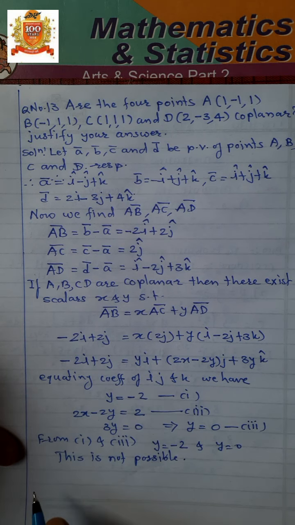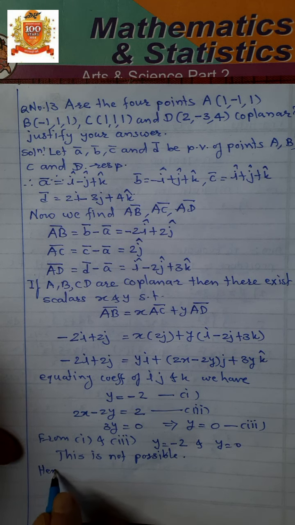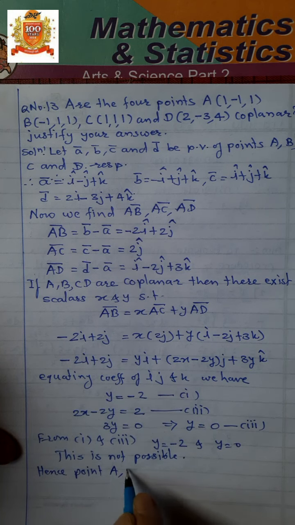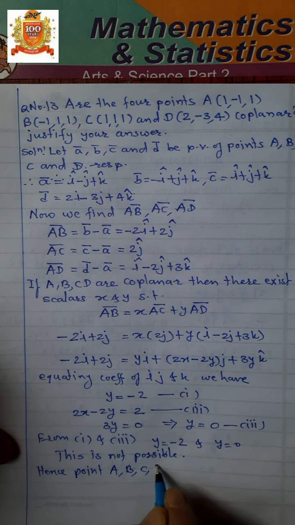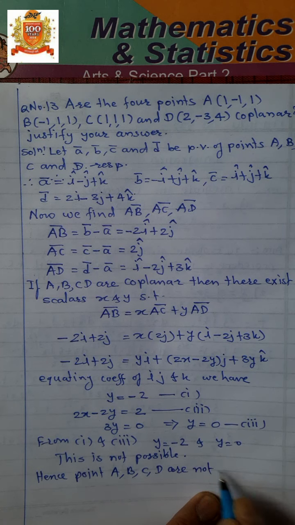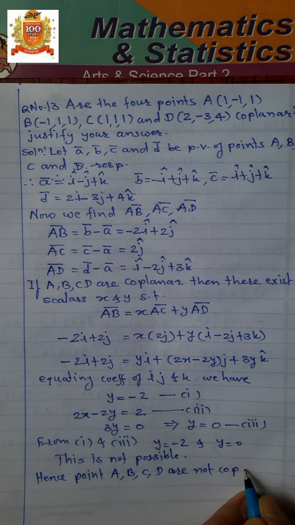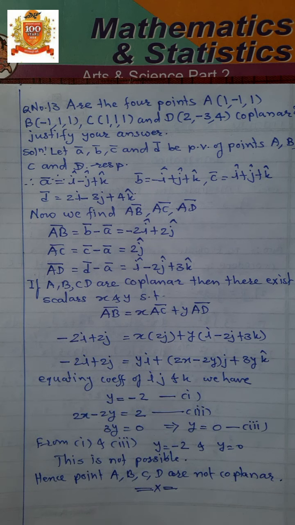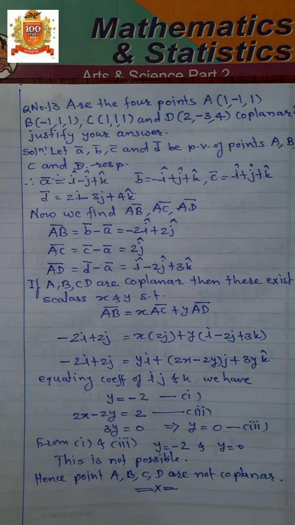Hence, points A, B, C, D are not coplanar. In this way, we showed points A, B, C, D are not coplanar. Isn't it? One question is remaining. We will solve that question.